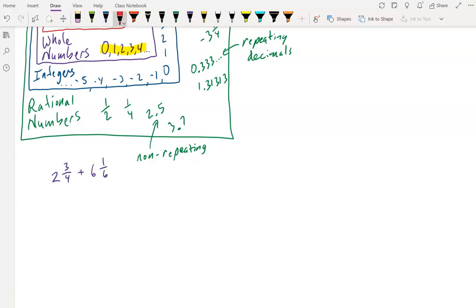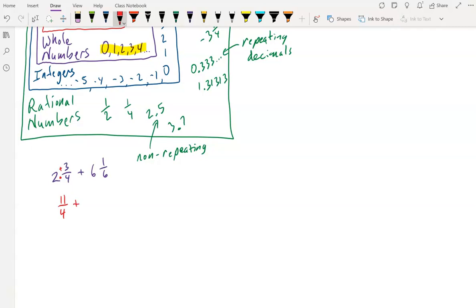Now remember, in order to convert a mixed number to a fraction, you have to first multiply the whole number, the 2 in this case, times the 4, and 2 times 4 is 8, and then I'm going to add the numerator, which is 3. So 2 times 4 is 8, plus 3 is 11, so that is 11/4. So 2 3/4 is the same as 11/4.